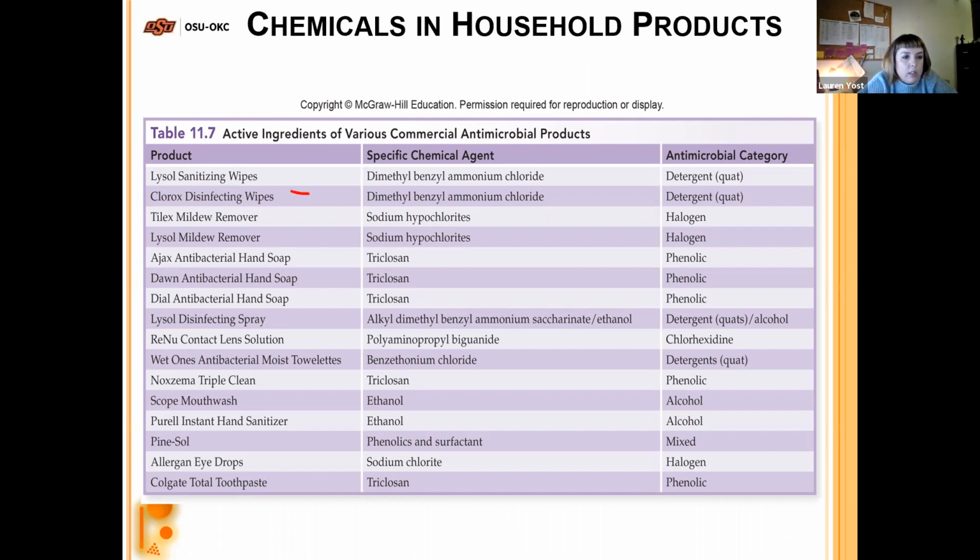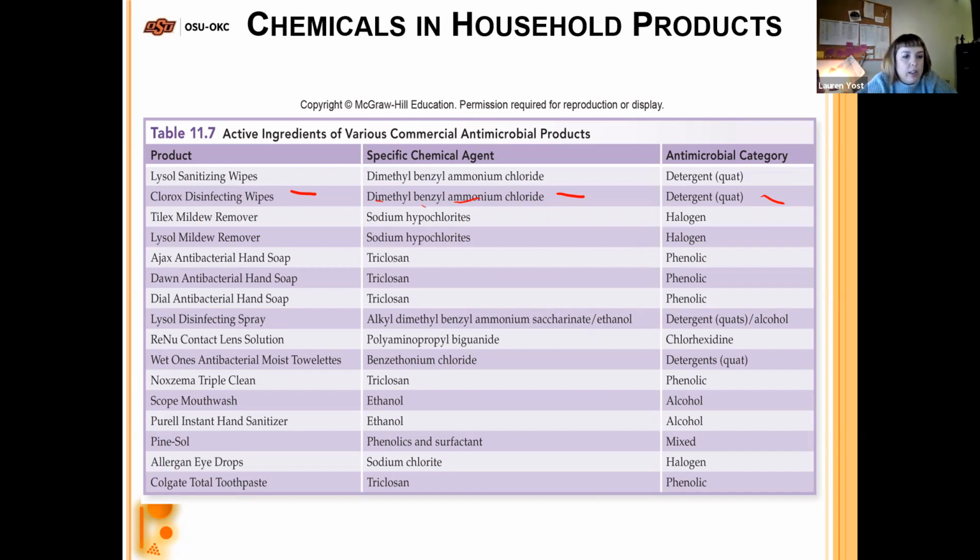If we look at Clorox disinfecting wipes, it uses dimethyl benzyl ammonium chloride, and that is a quat, which we talked about earlier. You can look down the list and see, oh yeah, I know of this.